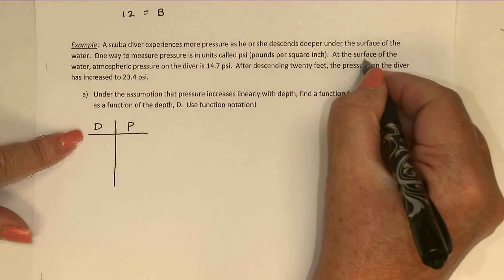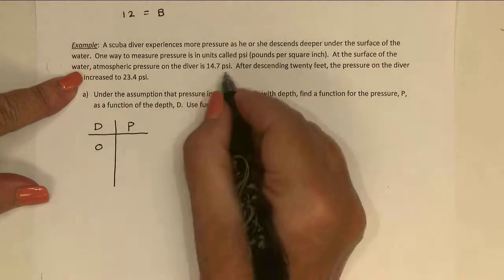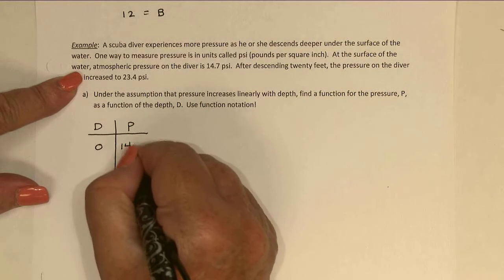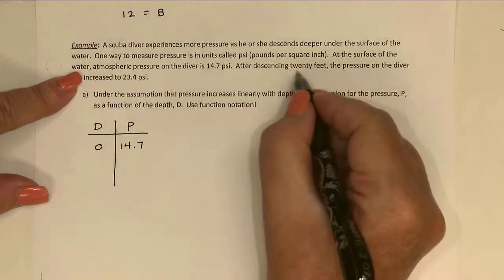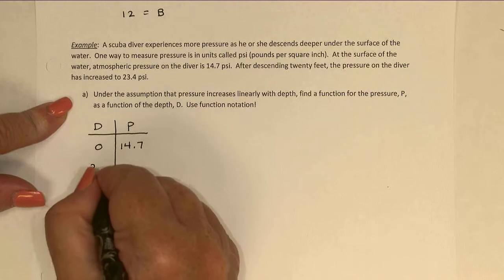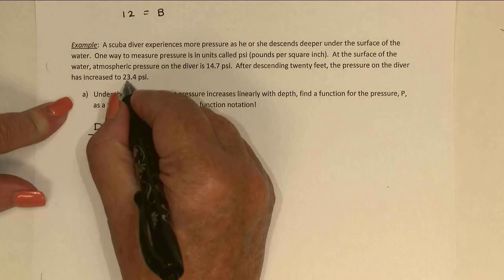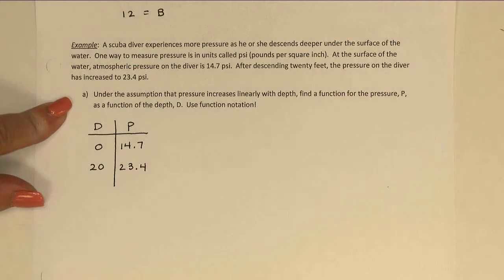At the surface of the water, that would be a depth of 0. The pressure is 14.7 pounds per square inch. Then at a depth of 20 feet, diver's gone down 20 feet, the pressure has become 23.4 pounds per square inch.